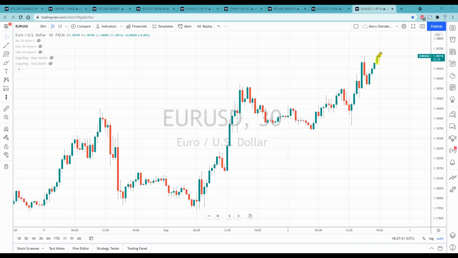But now we saw that the first half hour of this last hour, price moved up very, very strongly to this highest point. When it reached the high of the previous candle, here is where it slowed down. So it slowed down in the last 30 minutes, but it slowed down at a point, the highest point.